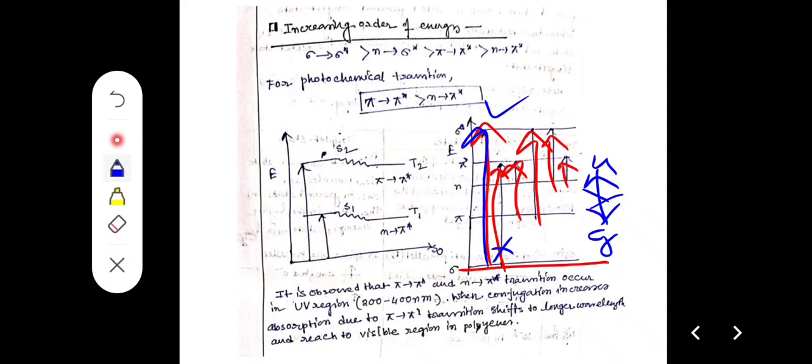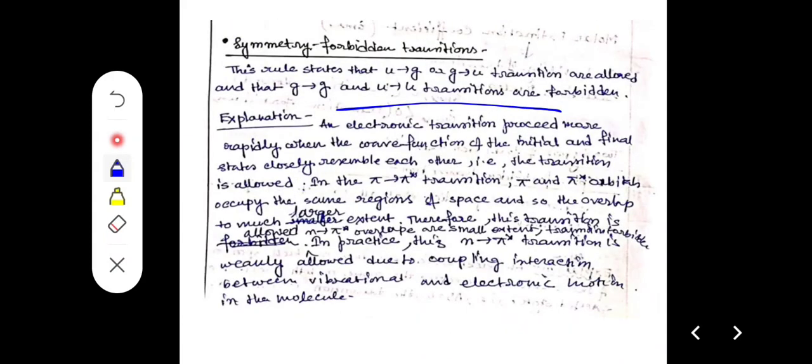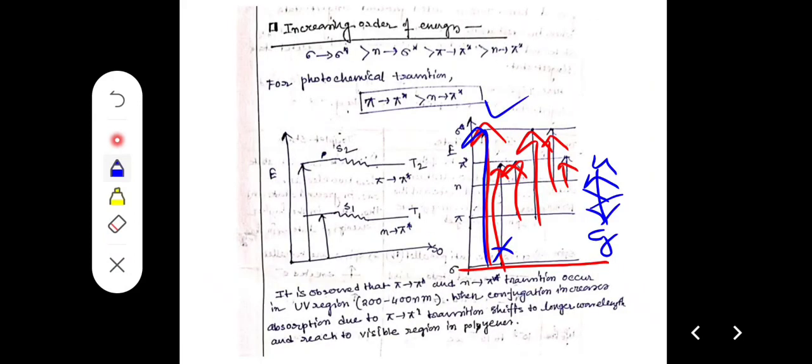Sorry, pi is ungerade, sigma is gerade, pi star is gerade, and sigma star is ungerade. So a gerade to gerade transition is not possible.